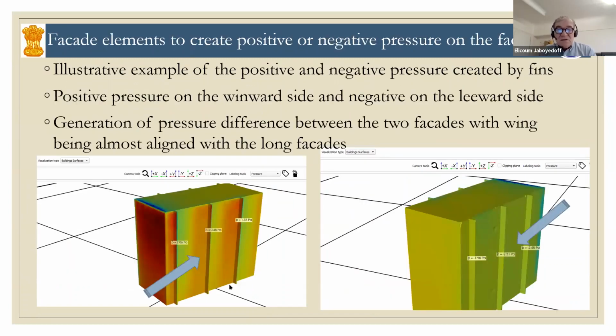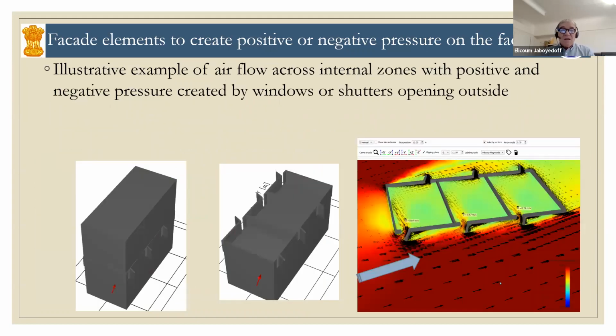The same thing is also useful: we can simulate the pressure on fins, or the effect on fins or shutters. We show here an example with vertical fins along the whole height of the building, and we can generate a differential pressure to push the air into a building with wind going along the building. Then we can see what is happening with the building where we have developed an internal flow.